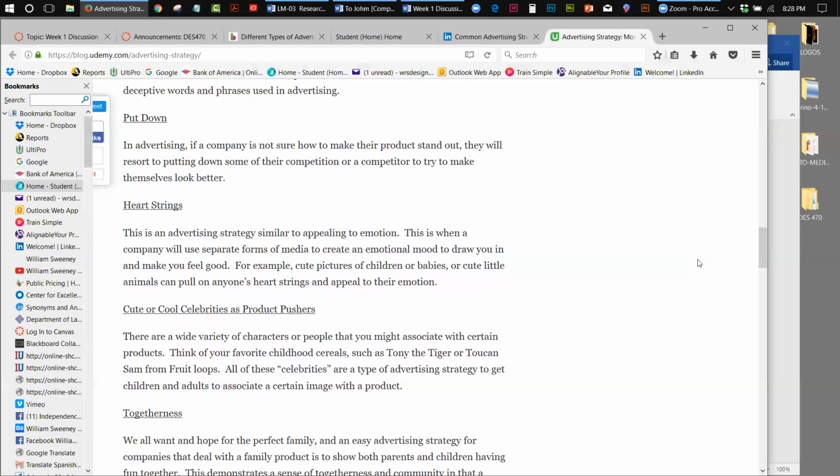For example, cute pictures of children or babies or cute little animals can pull on anyone's heartstrings and appeal to their emotion. A lot of times they're trying to present a friendly face. They're trying to say, look, we are so certain that our product is good that we're not going to hard sell you.